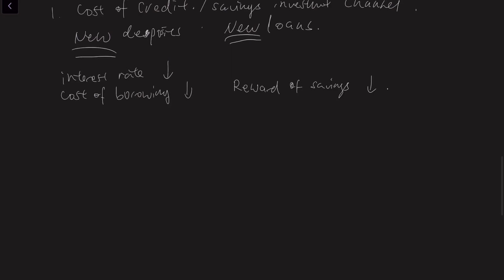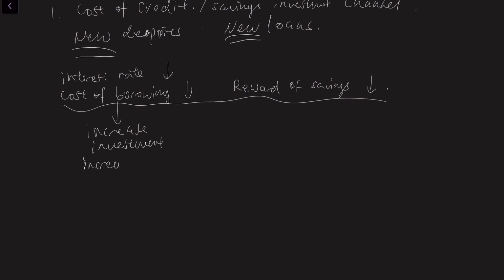So with the combination of these two factors, when you have a lower cost of borrowing, you increase investment and increase consumption, because people are discouraged from saving money, and they may use credit cards because now the interest rate is lower.